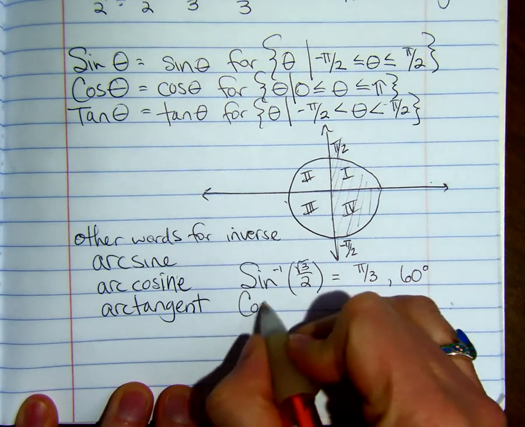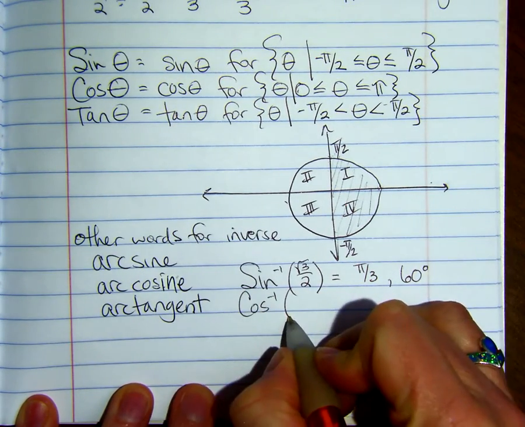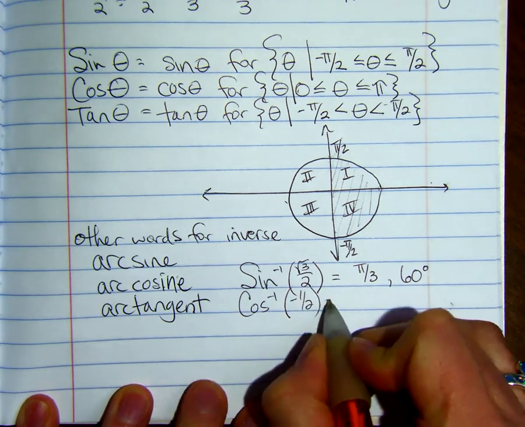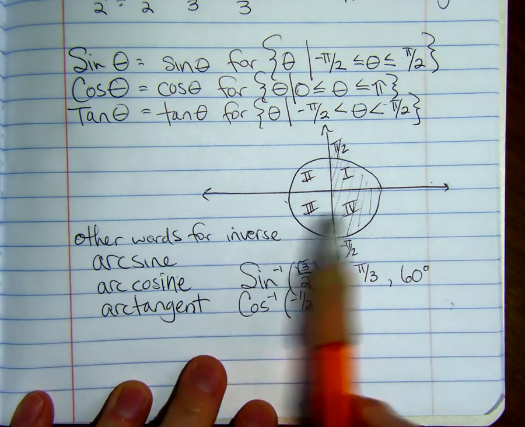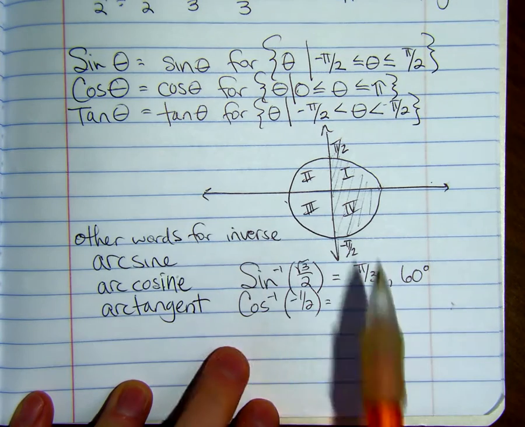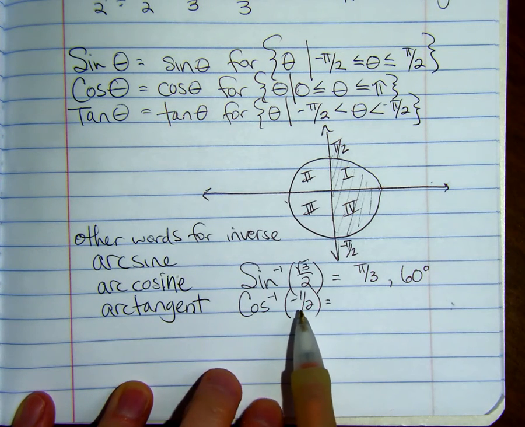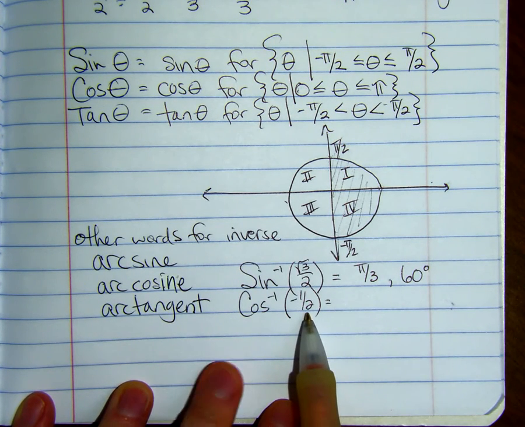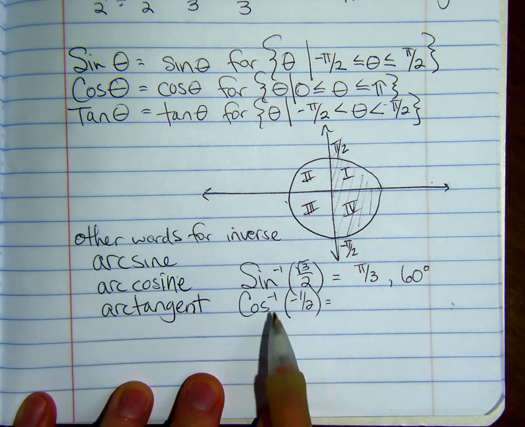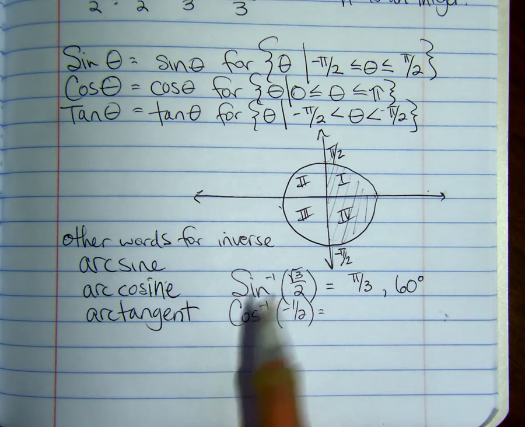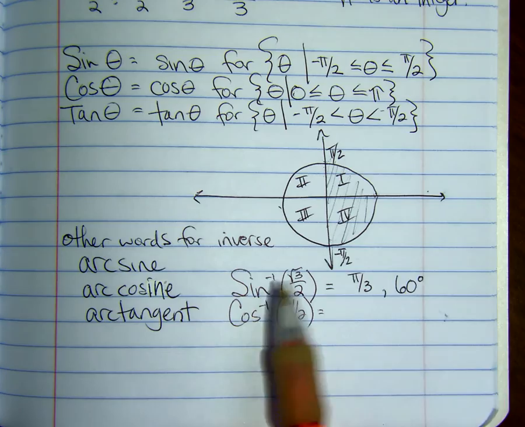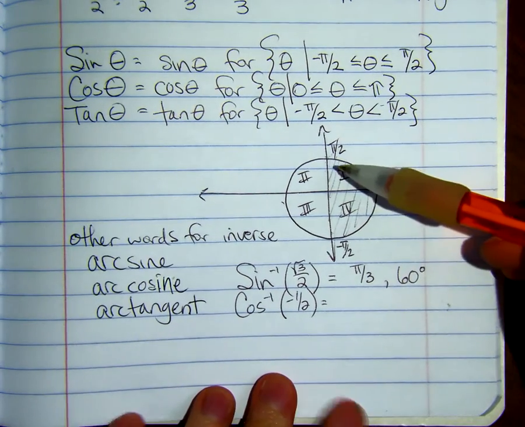And then the cosine inverse of negative 1/2. So since we're doing capital cosine, we have to look between 0 and pi. Cosine is x and sine is y. So I said it wrong.